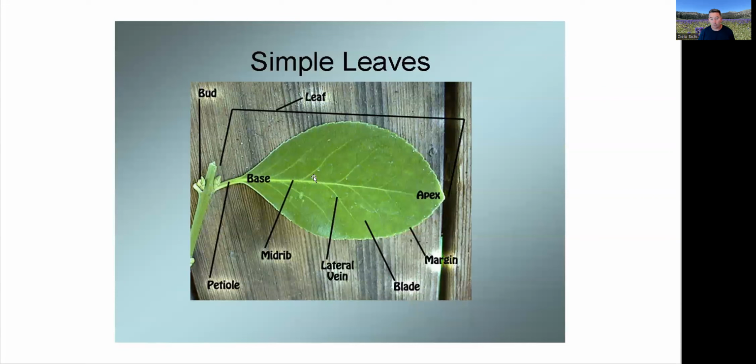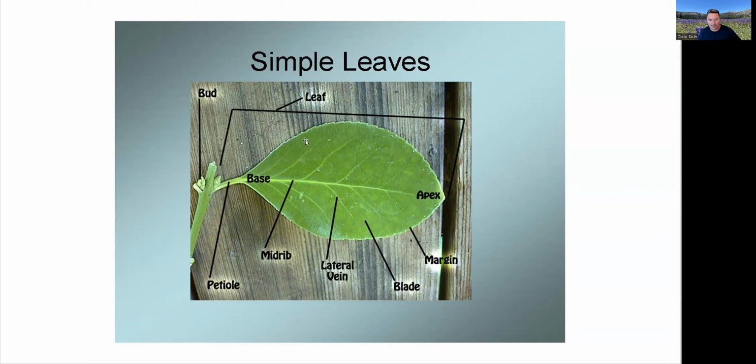Another look at it in real life or real picture. We've got bud. Okay? We don't see any stipules on this one, no stipules. So we've got the bud, there's two of them. We've got the leaf itself, which is from where the petiole comes off of the stem at the bud, at the node, all the way out to the apex or the tip. So tip is also sometimes called apex.